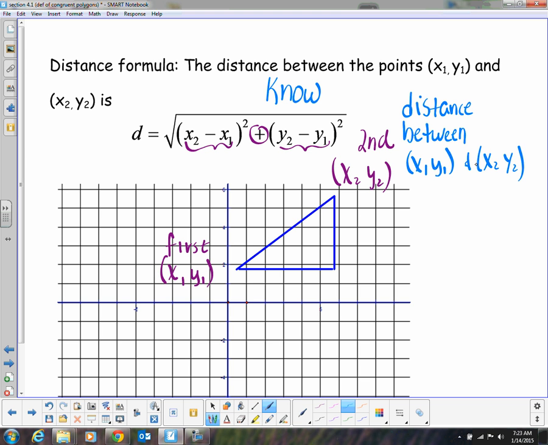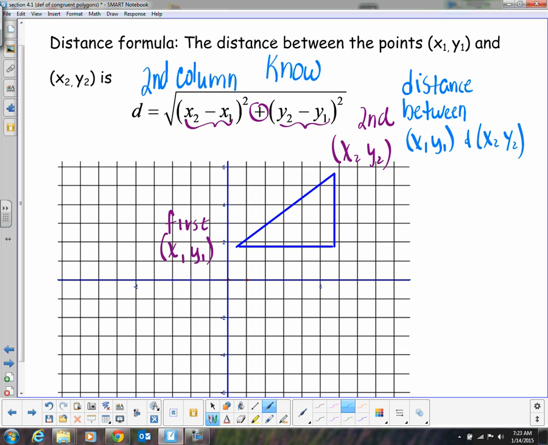And then in your second column, you are going to write the formula. Okay, second column, I want the formula written. We're good. Okay? This is something that you've got to know.